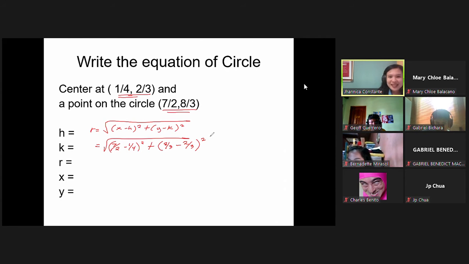As you can see, it's a fraction, so we need a value for the radius which is also a fraction, and an equation in fraction form. So 7/2 minus 1/4 is equal to what?